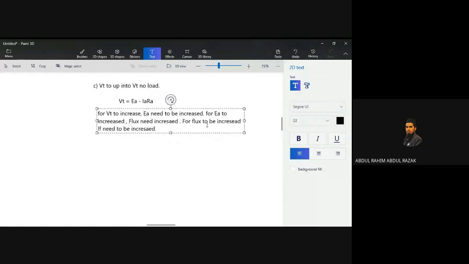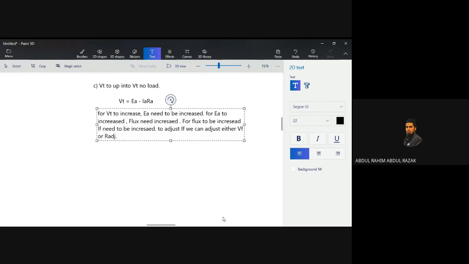So to adjust IF, we can adjust either VF or the adjustable resistor. Okay. So this is the theory.